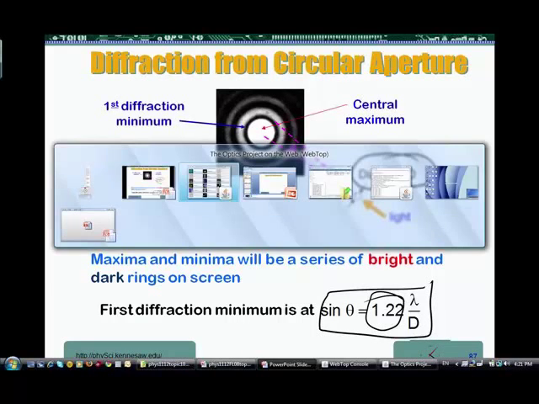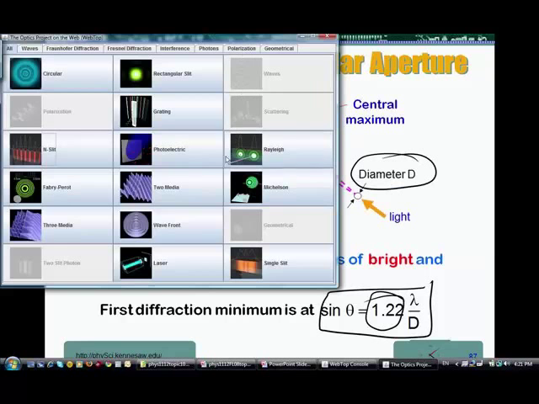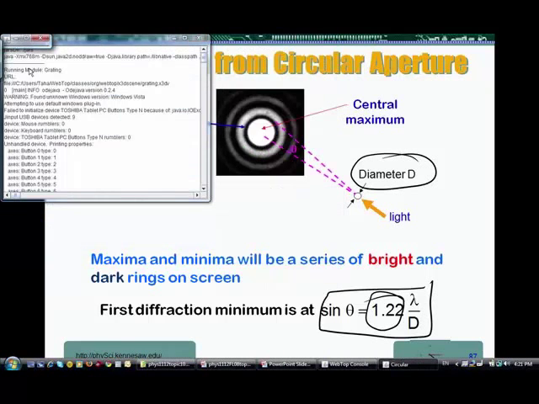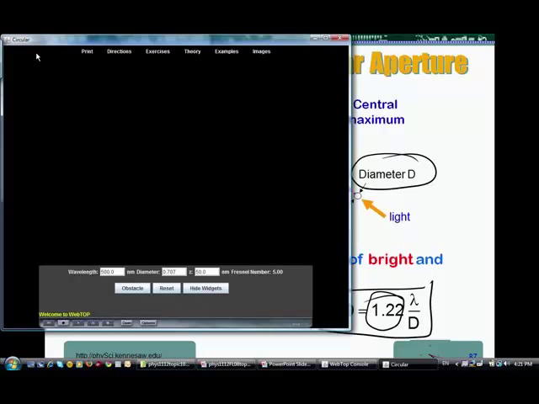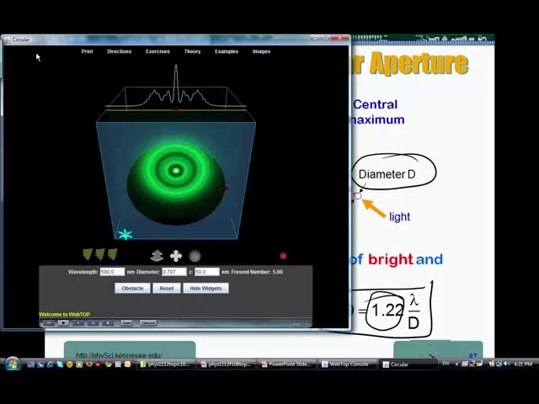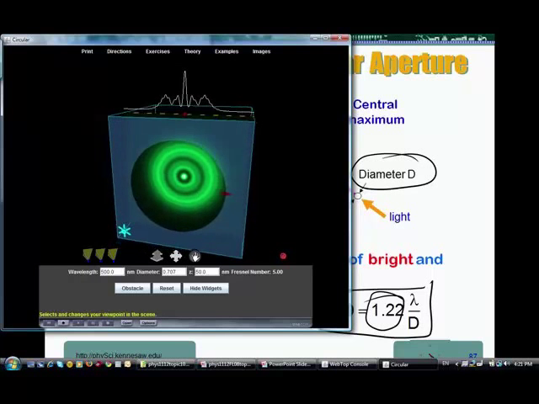Let's try to pull out something from WebTop that shows that. Hopefully it will show it. Okay, this is what's called the circular aperture. What we are seeing here is a little bit more complicated, but you see it there.